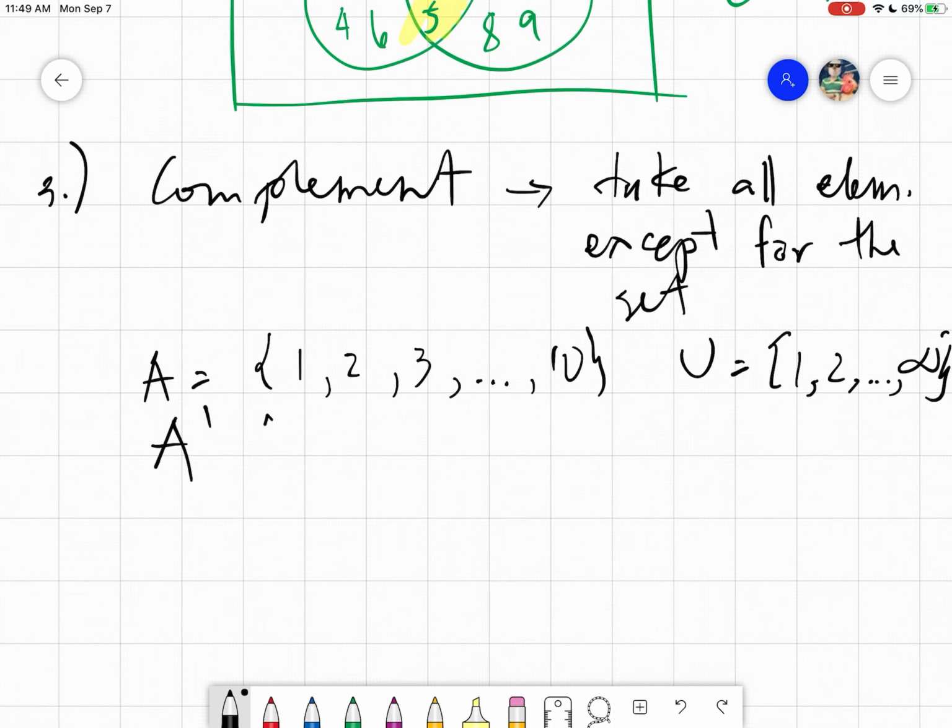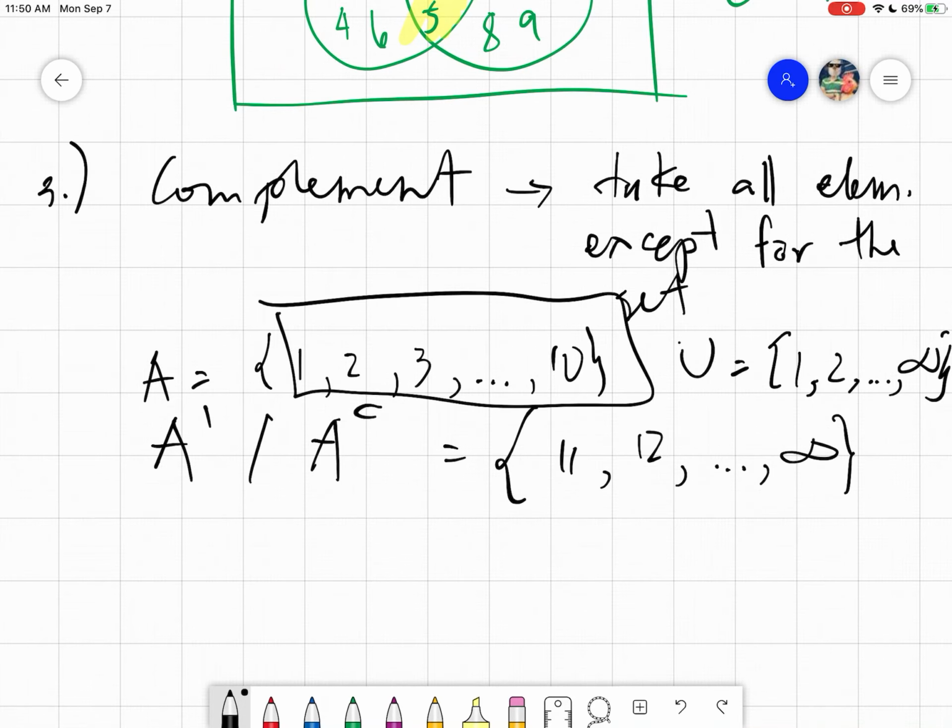Ito, yung prime, yung 1 sa itaas, or A complement, yung C sa ibabaw. The elements of this one would just simply be 11, 12, and so on up until infinity. Ibig sabihin, ang gagawin ninyo lang dito, yung elements ni A, aalisin ninyo sa universal set. You will remove, okay? You will remove yung elements ni A doon sa universal set.